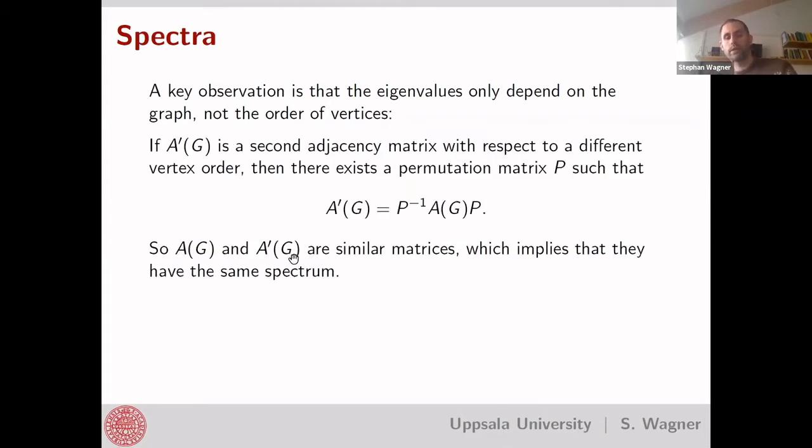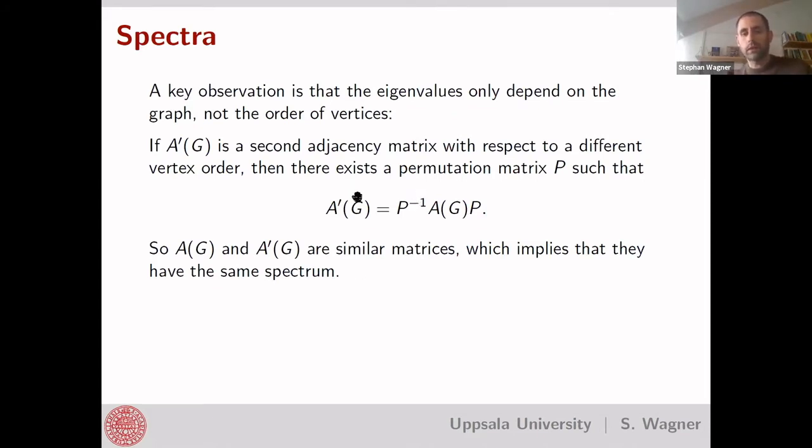It doesn't matter which order I take, because if I have a second adjacency matrix with a different vertex order, then I can transform between the two adjacency matrices by means of a permutation matrix, one that simply switches the order of vertices. I can express the one adjacency matrix in terms of the other using this permutation matrix that just permutes the rows and the columns accordingly.